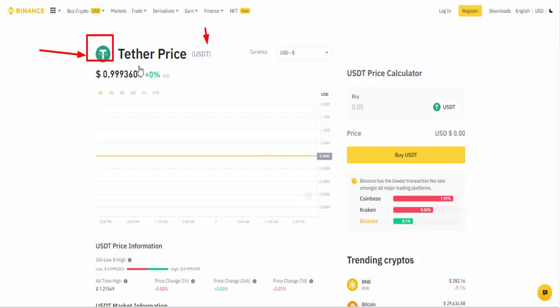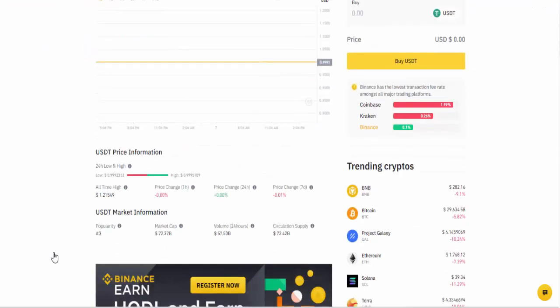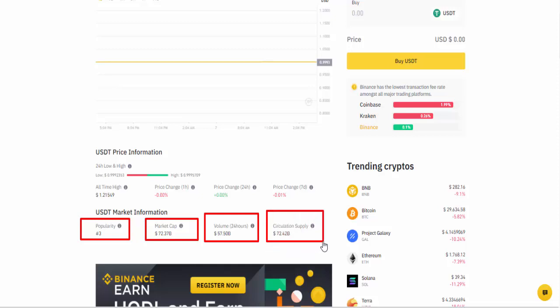Popularity wise it is number 3, and the market cap of this coin is $72.37 billion, and the volume of the last 24 hours is 57.50 billion, which is quite high. The overall circulating supply of this coin is 72.42 billion, which is very good.